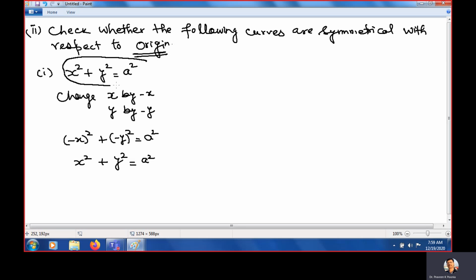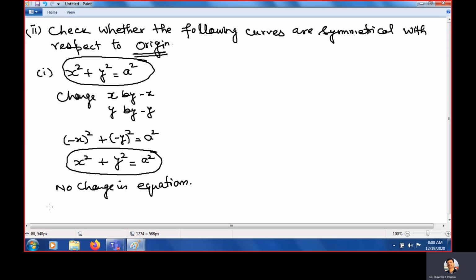So you can see both graphs are same to same. So what it is? No change in equation. So what we can say? Symmetrical with respect to origin.